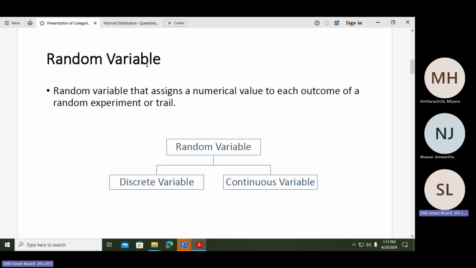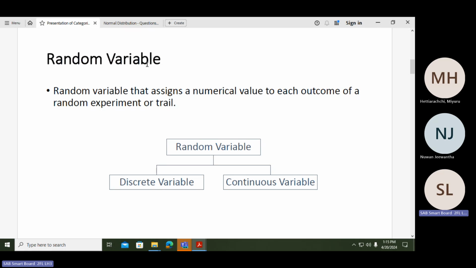Then we move to assign the numerical values to X. In here, we toss a coin twice. Then what are the results we can get? What are the outcomes? Both times we can get head.